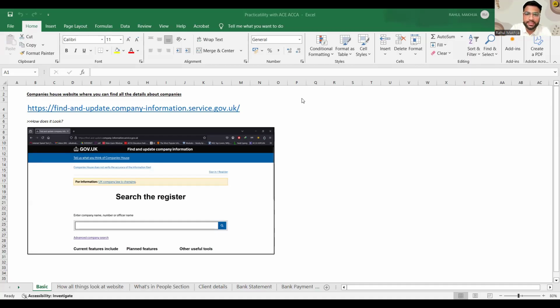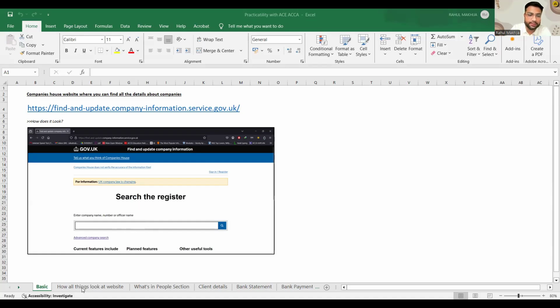So, guys, firstly, we have to look at where to find all the information about a company. So here in front of you, there is the website of Companies House Beta, where you will be able to search any limited company in the UK, and you will find all the information on one site. See, here it is written: search the register.